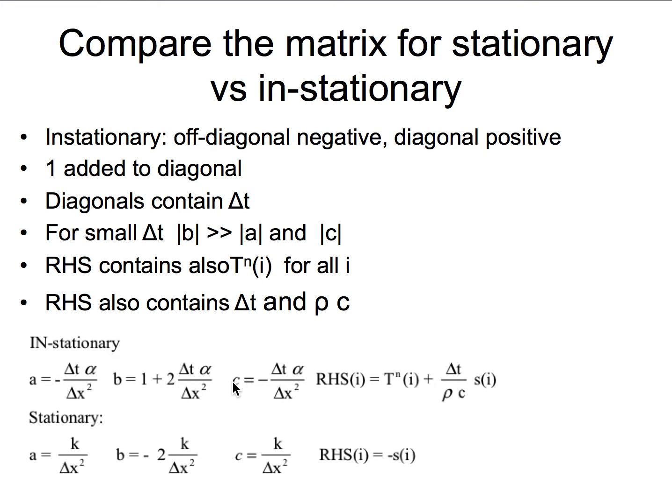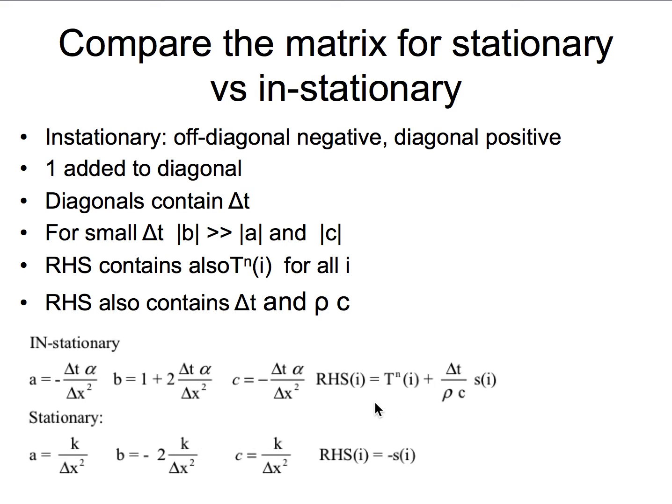C coefficient similar, minus delta t alpha over delta x squared as opposed to k over delta x squared for the stationary case. And for the B coefficient, we have 1 plus 2 times delta t alpha over delta x squared, positive as opposed to minus 2k over delta x squared for the stationary case where it is negative.